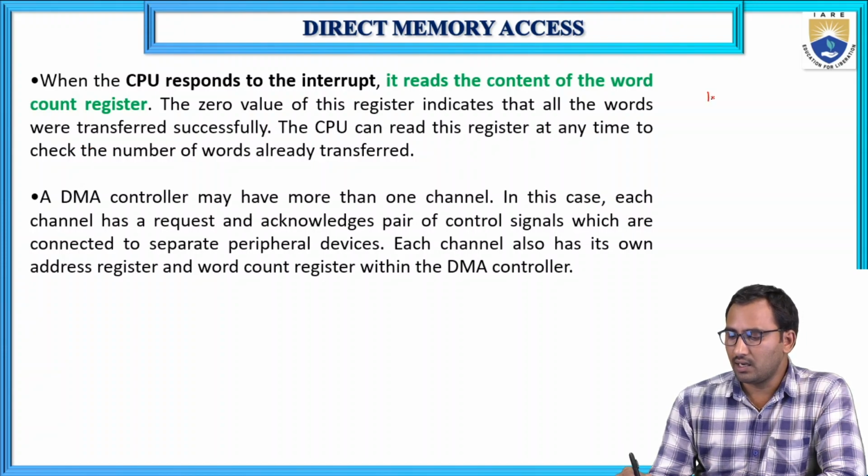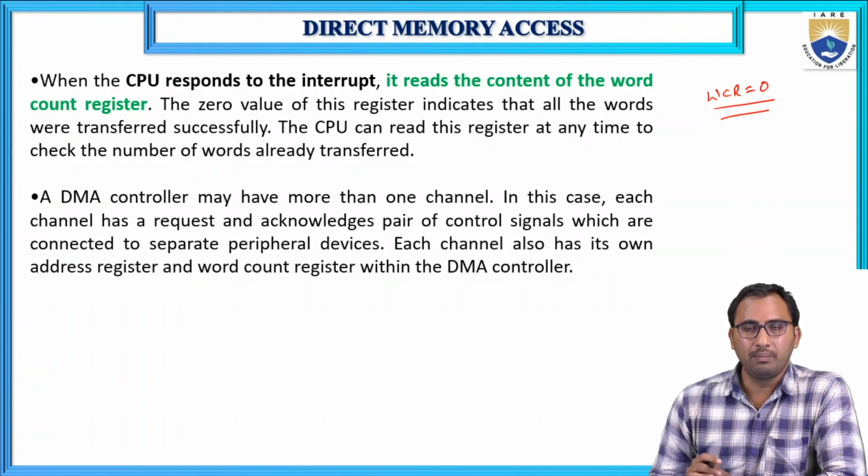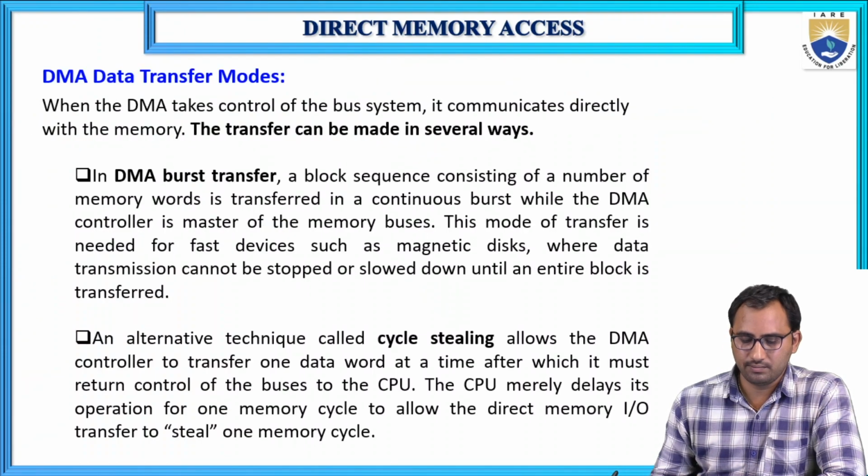So whenever the word count register becomes 0, it indicates that all the data has been transferred from the peripheral device to the memory, or from the memory to the peripheral device, so the DMA controller will send an interrupt signal to the CPU. Then the CPU will resume executing its main program.